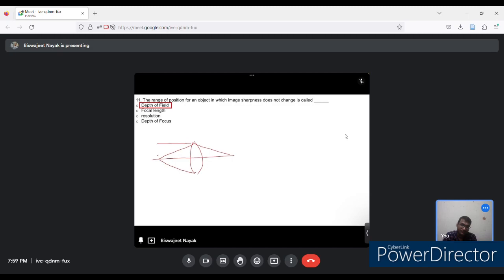Actually, there's a range of object position for which the sharpness of the image still remains. This range of object position is explained as depth of field.